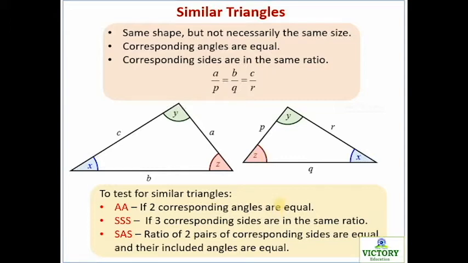You have two corresponding sides in the same ratio, for example XY, YZ, XZ, and then their included corresponding angles, for example angle X and angle Z, are equal. Then you can call them similar triangles. Just remember this. It will be useful in the mirror equation derivation.